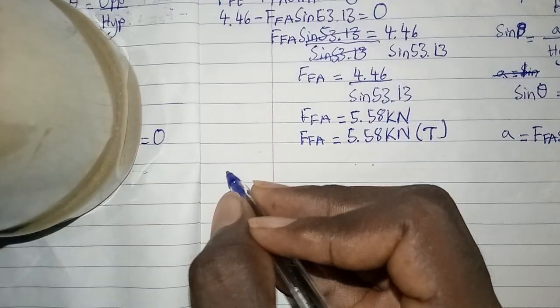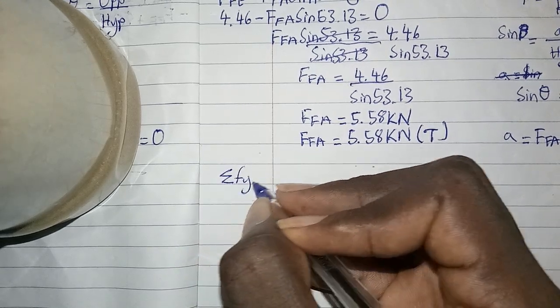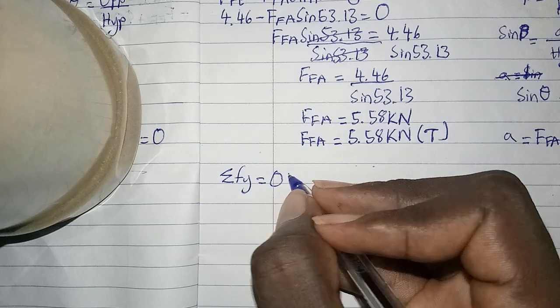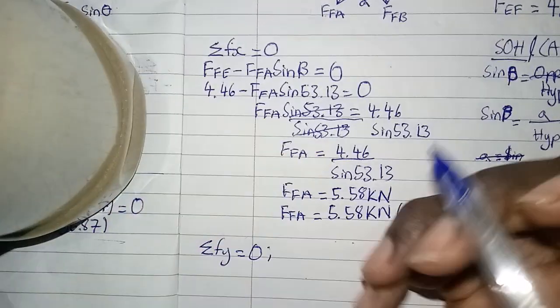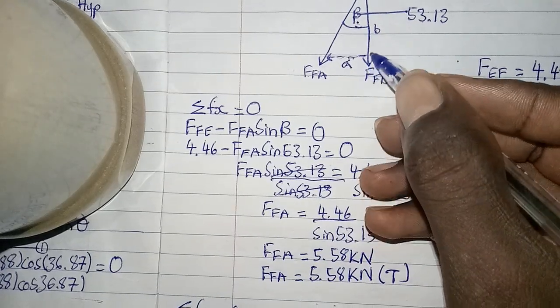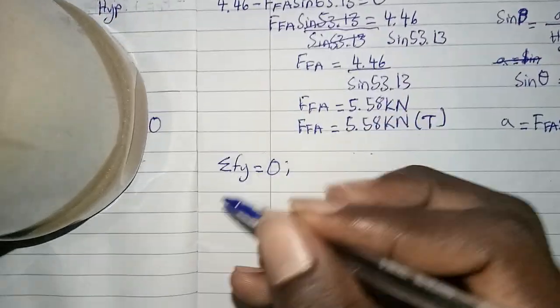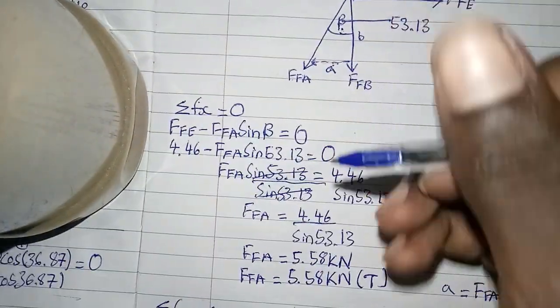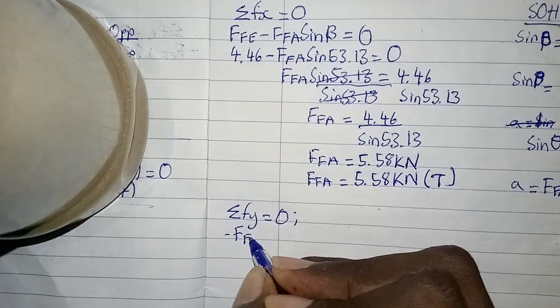So sigma F of y is equal to 0. From here we take the force on the vertical axis, force FB, and it is pointing downwards, so it will be negative force FB.